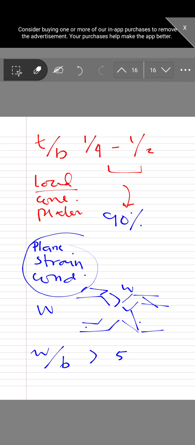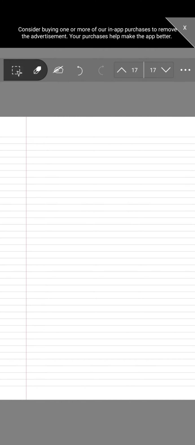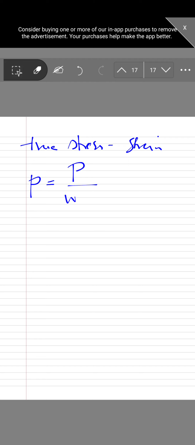So the true stress and strain determined in the plane strain compression test may be expressed as, so this is the stress, load divided by width of the specimen into b, the width of the platen, and corresponding to it the strain is again the natural log of t0, the initial indentation depth, versus the final indentation depth.